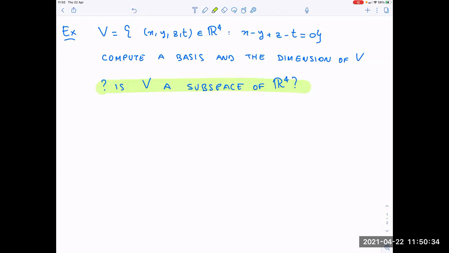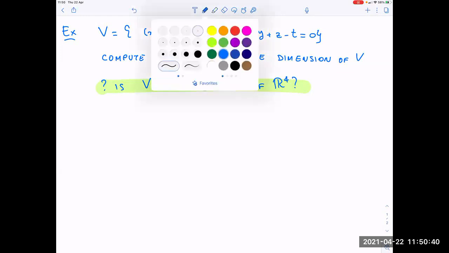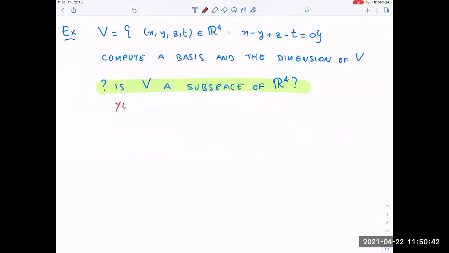Okay, Jean Herrera has a nice answer. It says, well, it is a solution space. So yes, because V is the solution space of the linear system of equations having just one equation, which is this one here, right?